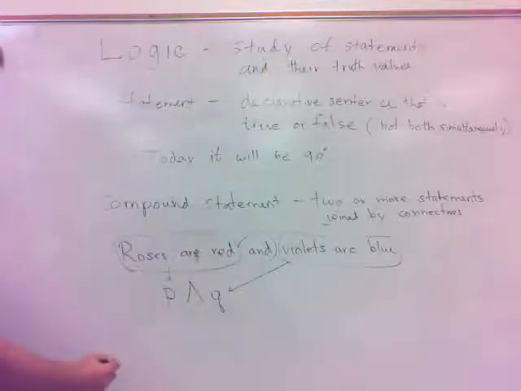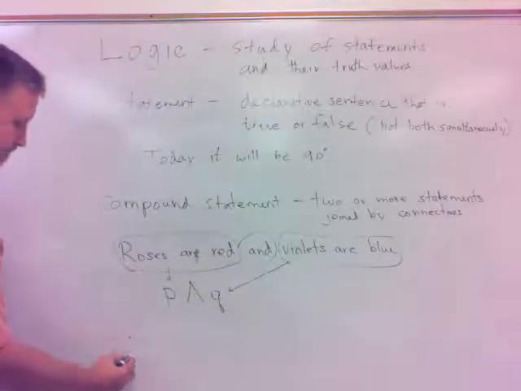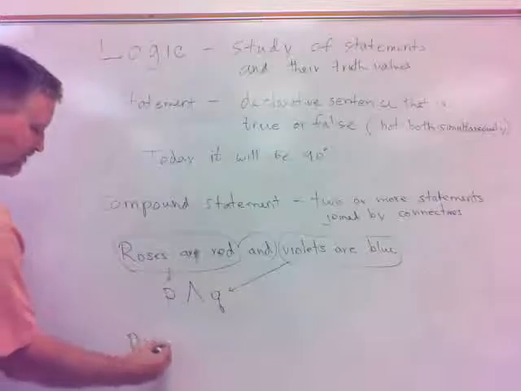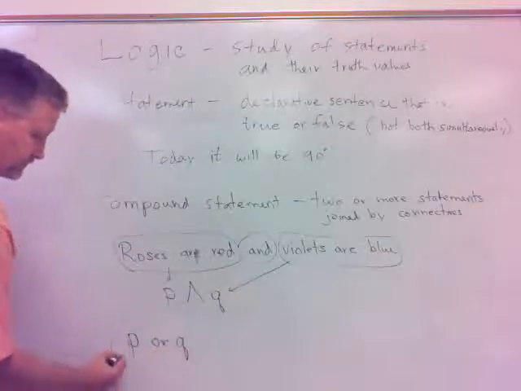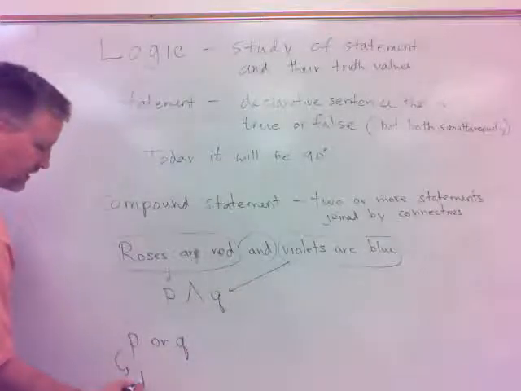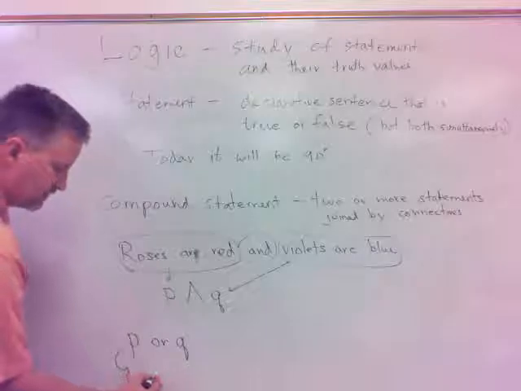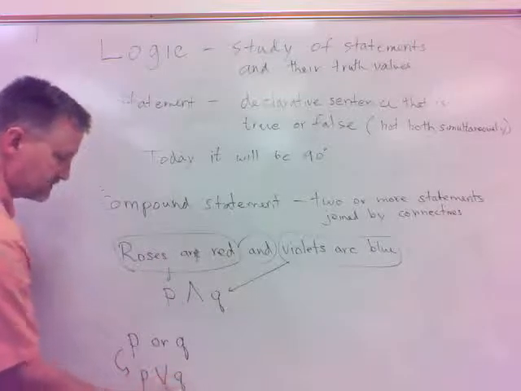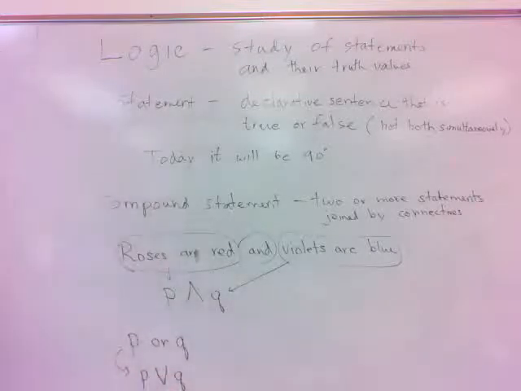We can do the very same thing for the or statement. If we have a p or q statement, notationally the or is represented with the V shape, just like the or in sets is the union, the flip of that.